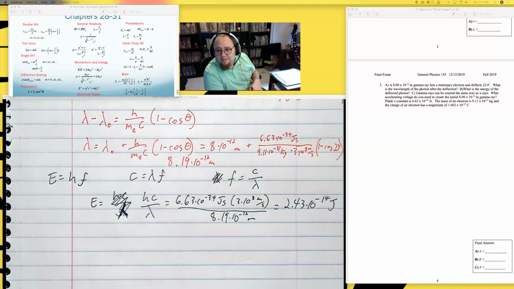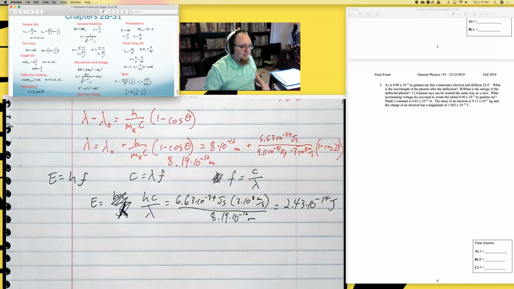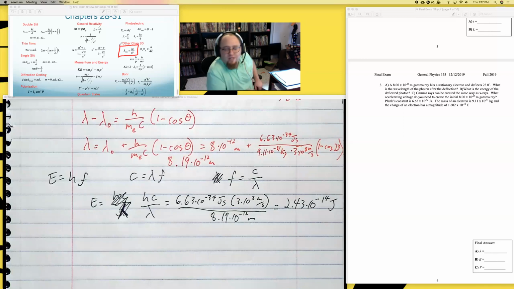And C. Gamma rays can be created the same way as X-rays. Okay, if you see the word X-rays, you're probably looking at this right here. These were the equations for X-rays. What accelerating voltage do you need to create the initial wave? Yeah, that's the X-ray one. And so we'll say we want the accelerating voltage.